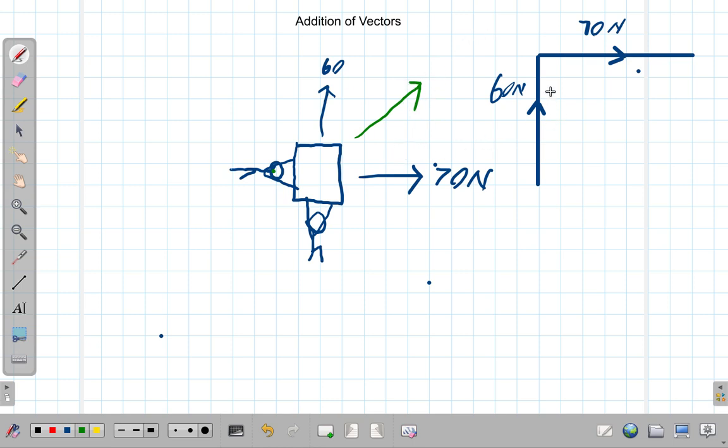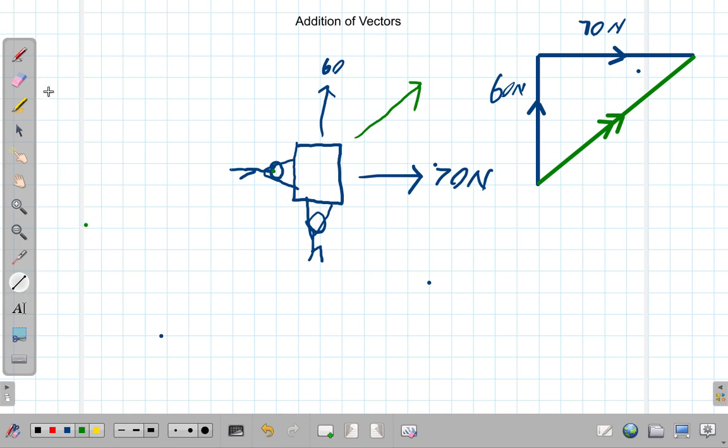Now, let us join the ends of these two vectors. Let's use a straight line. All right. Now, the table, as we saw, would move somewhere in this direction. Let's put 2 arrows on it, because it's a combination of 2 forces.